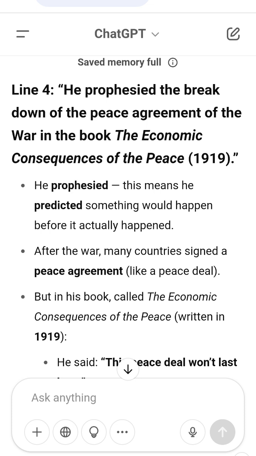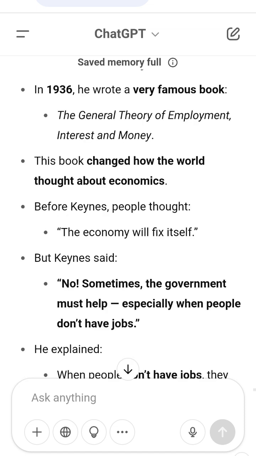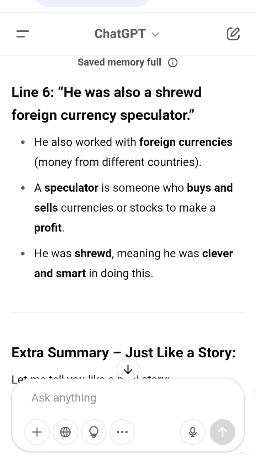And he was right. In 1936, he wrote a super famous book that said, "When people have no jobs, the government should spend money to help." His ideas were new and powerful. He also made smart money moves with foreign currencies. Today, people still learn from his books and ideas. He changed the world of economics forever.